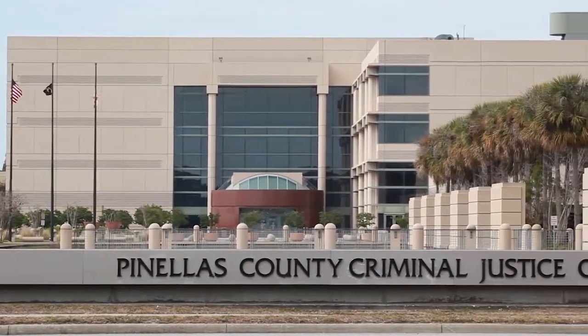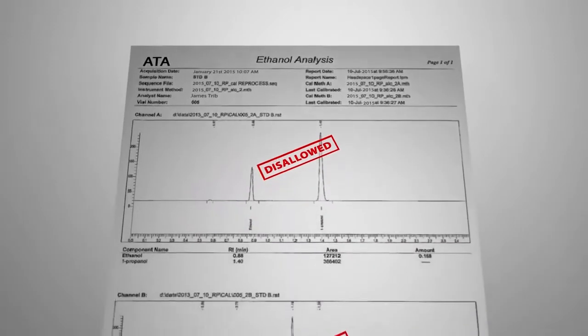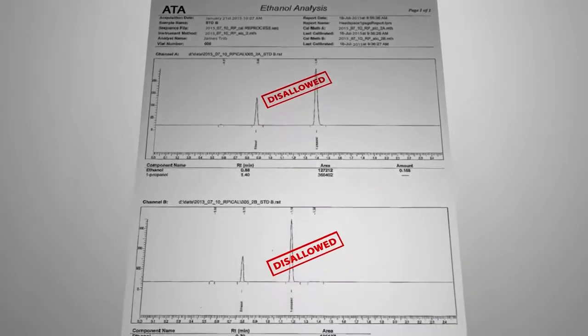At such a hearing, the state attorney's office would have to prove to the judge that the blood testing was conducted in a manner that was consistent with reliable scientific principles. If they could not, the judge is required to disallow any and all testimony related to your blood test results.